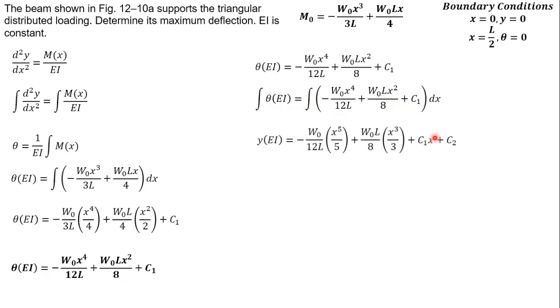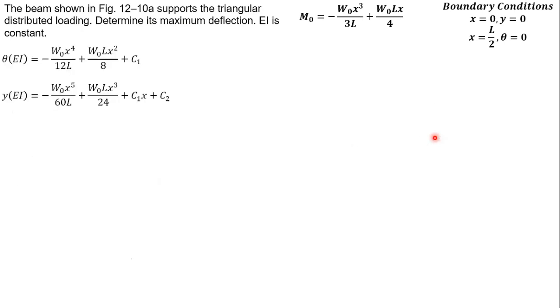So yEI natin is equal to negative W0 divided by 12L multiplied by x to the fifth divided by 5 plus WL divided by 8 times x cubed divided by 3 plus C1x plus C2. Simplify lang natin. So y times quantity EI is equals to negative W0 x to the fifth divided by 60L plus W0 L x cubed divided by 24 plus C1x plus C2.